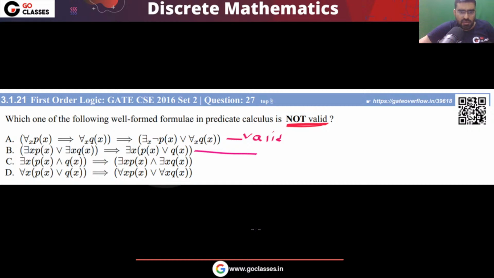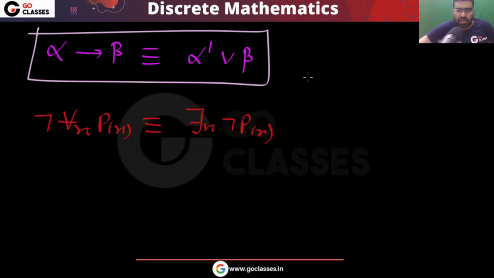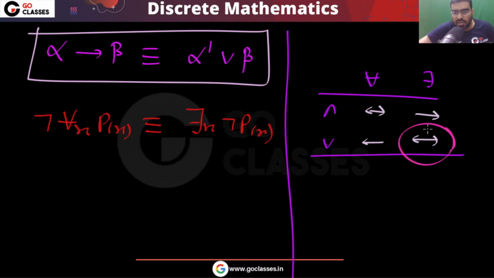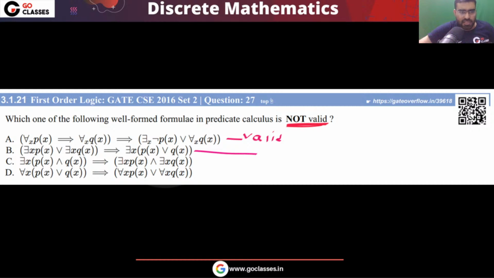If you remember the table we have already seen, for all, existential quantifier, and or, one is a backward implication, one is a bi-implication, and one is a forward implication. So in the case of or, it will be the bi-implication. From the table you can easily see this is valid.